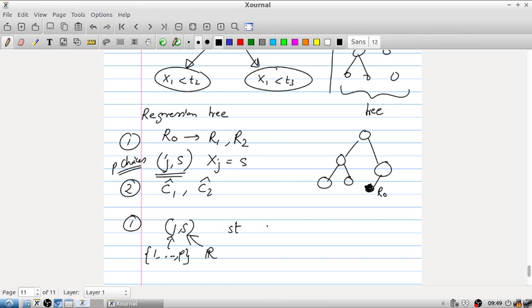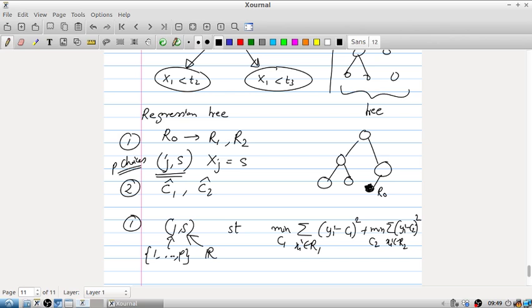So what is that? Such that the minimum over C1 of the sum over xi in region R1 of yi minus C1 squared, plus the minimum over C2 of the sum over xi belonging to R2 of yi minus C2 squared, is minimized.